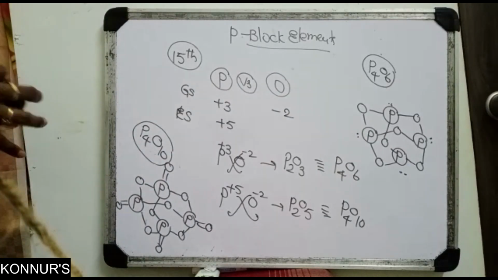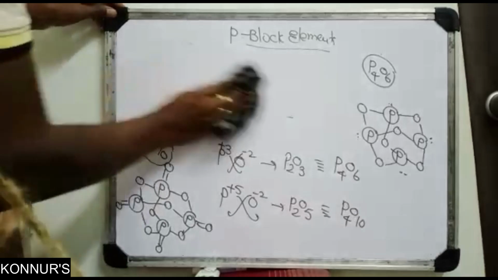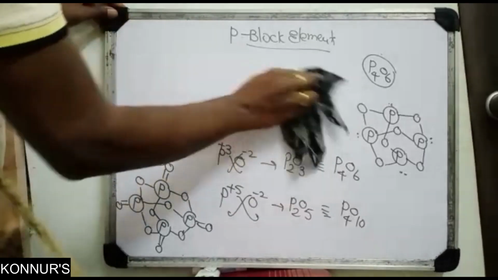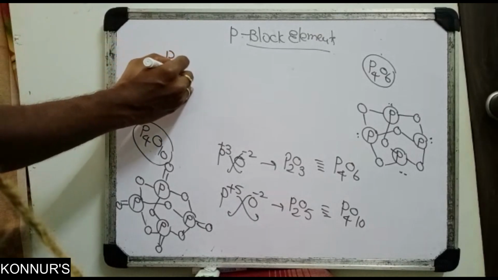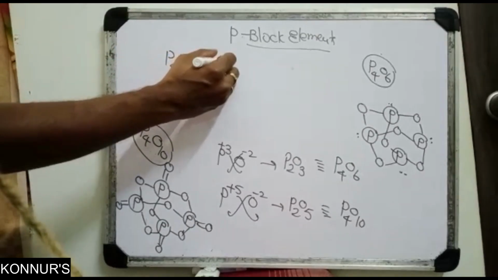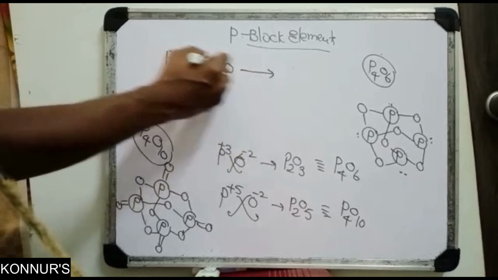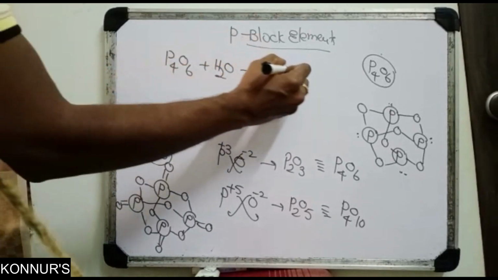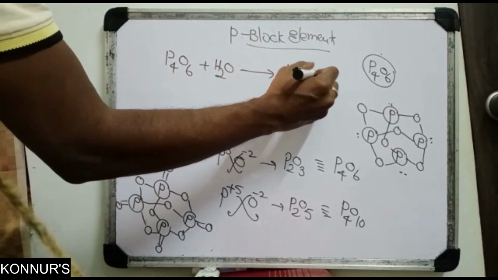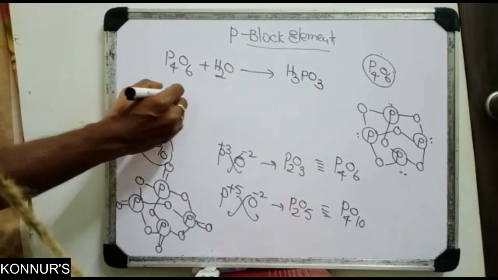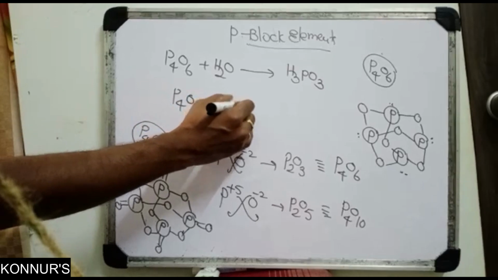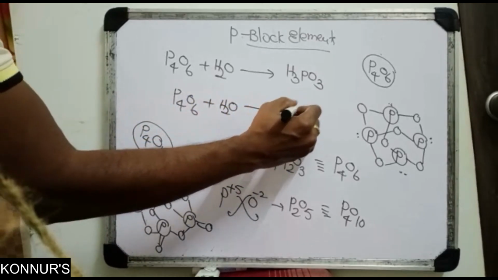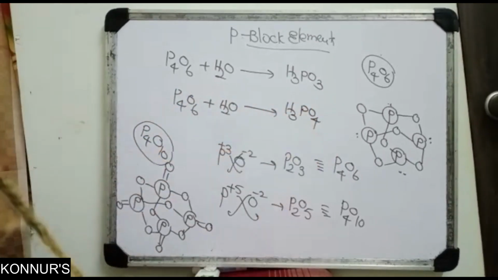Next, phosphorus is also a non-metal. So a non-metal oxide combining with water, you are getting an oxoacid. P4O6 treated with water, the lowest oxidation state, your answer is H3PO3, phosphorous acid. Next, P4O10 treated with water, you are getting H3PO4.